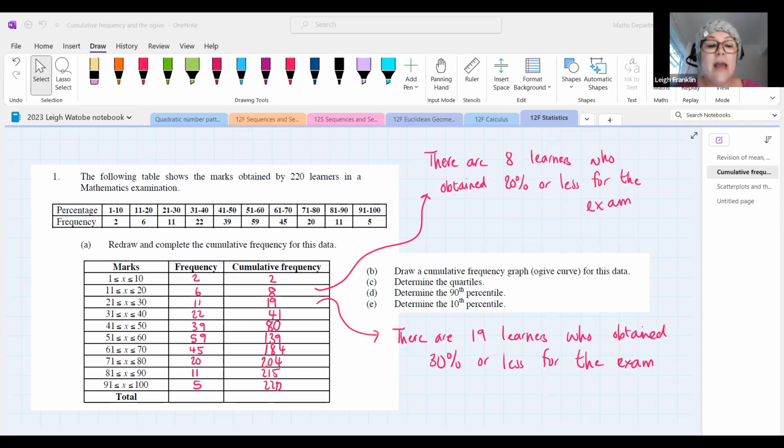Exactly, Mamelo. You can see our cumulative frequency has also reached a total of 220. And they told us that in the beginning too, didn't they? They said there were 220 learners that took part in this maths exam.